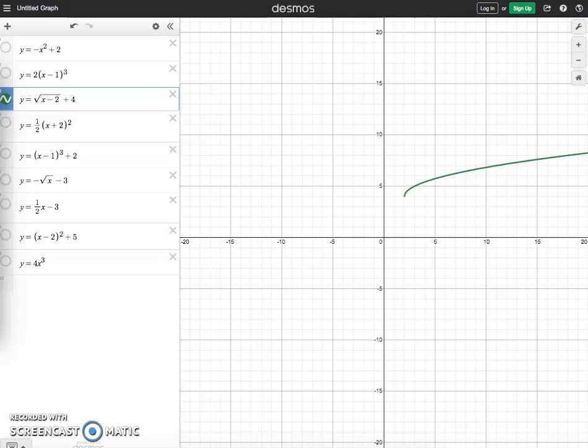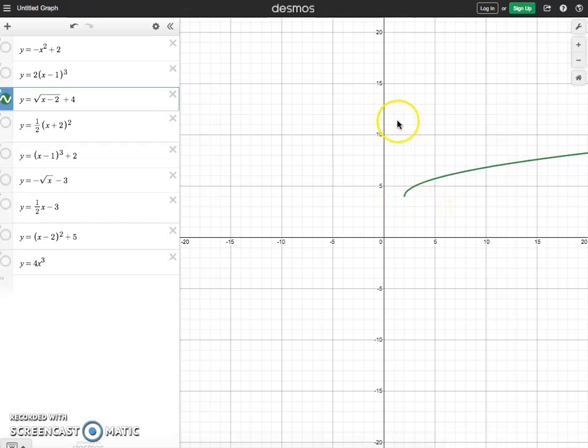Range must always be written down to up. Let's start with domain here. The furthest left this function can go is here at the starting point, which once again is (2, 4). Because it's domain, I know I need to use that 2 value. And it's going to go to the right forever, towards a positive infinity.